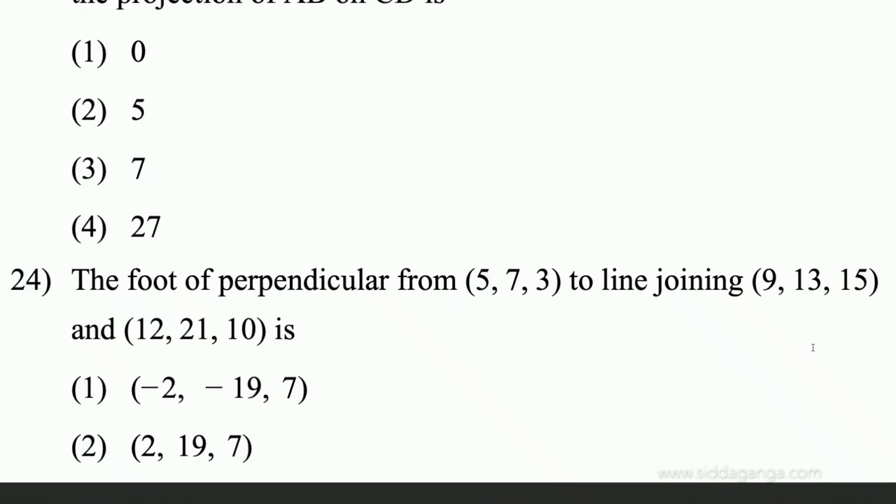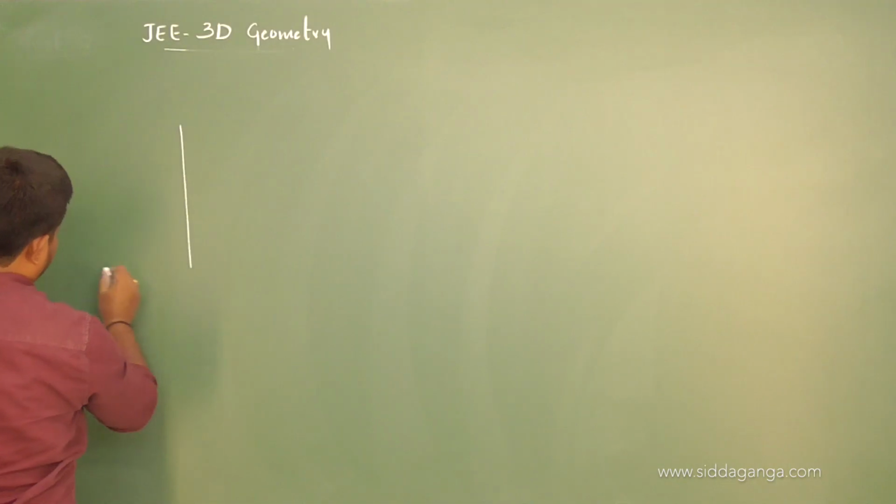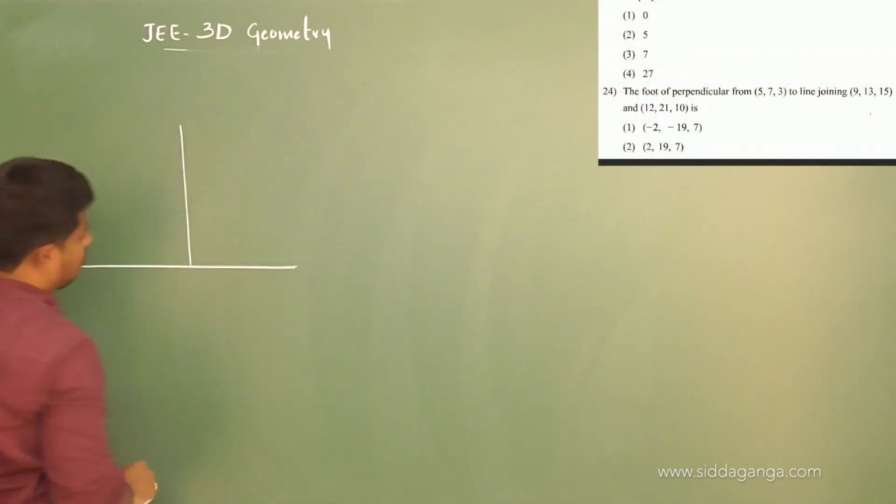Now let us move on to question number 24. The foot of the perpendicular from 5, 7, 3 to the line joining 9, 13, 15 and 12, 21, 10. So the foot of the perpendicular. This is a perpendicular drawn on the line joining the 2 points.